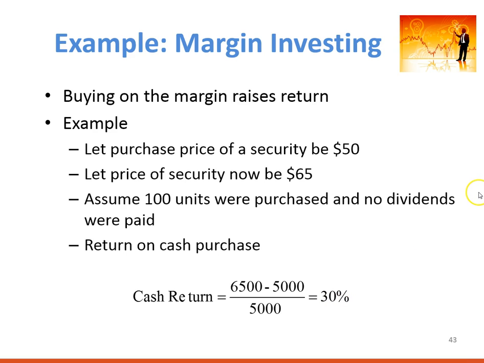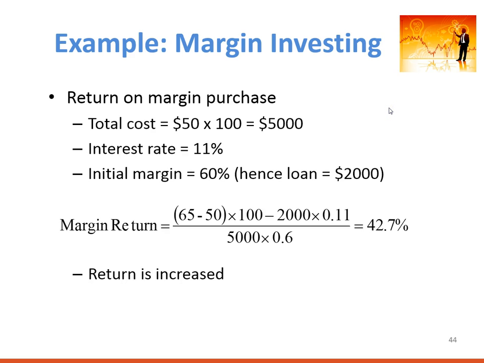But in this particular case, what would have happened if you invested on margin instead? Let's say that the total cost was still $5,000, so you still bought 100 shares at $50 each. But let's say now that the broker is charging an interest rate of 11% and requires an initial margin of 60%. So they're saying, of the $5,000 you're investing, 60% has to come from your own money, so $3,000 from your own money.